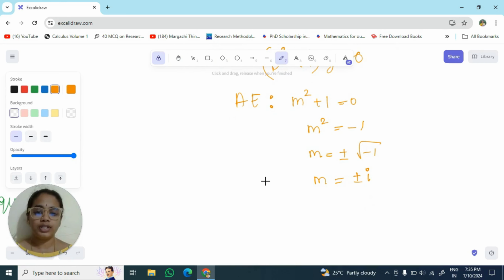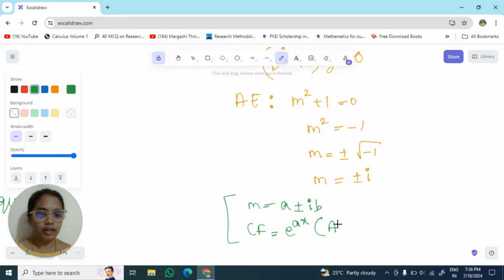Agree? So what was the CF for complex or imaginary terms? Whenever we have the root in the form of a plus or minus i into b, our CF would be e to the power ax, right, into (a or c1, anything is fine) cos bx plus b sin bx.